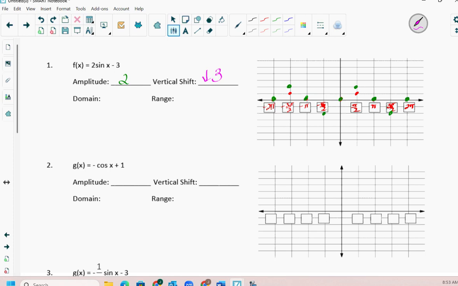All right, am I shifting the red or the green dots down 3? Green, yeah. We stretched. Now we're going to count down 3. 1, 2, 3. 1, 2. In the box. 3. 1, 2, 3.